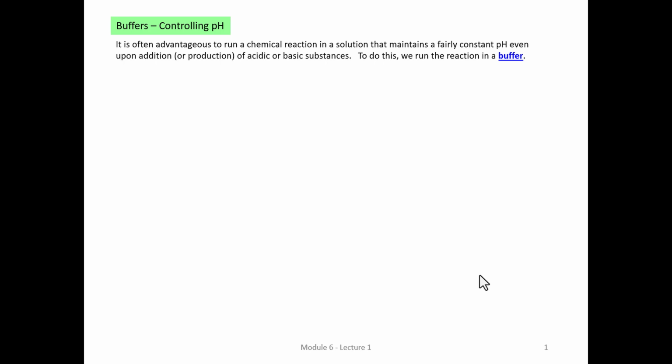Probably the most easily recognized application of buffers would be the buffer solutions present in human blood. Blood needs to be kept at a fairly narrow pH range, because if it becomes too acidic or too basic, some critical enzymes and other molecules that are needed for survival would not function.